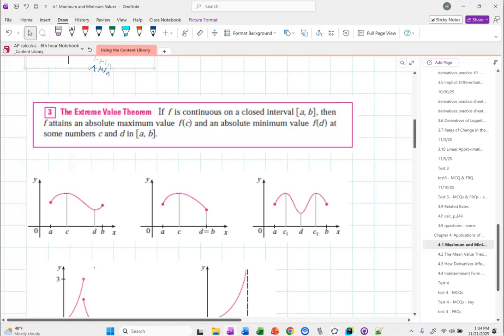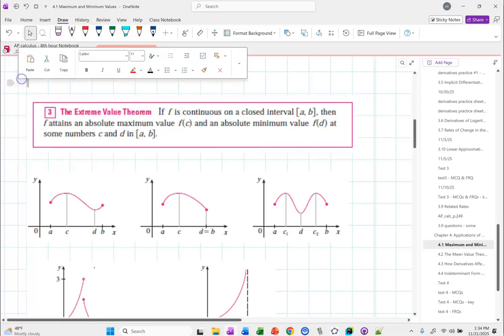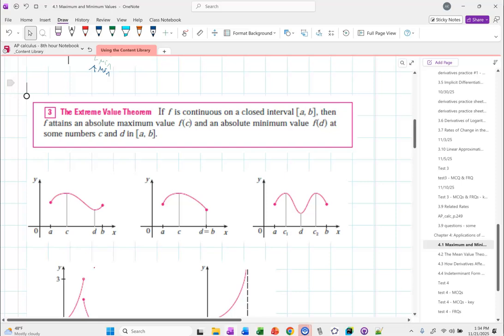Important theorem: the extreme value theorem. This is one, much like the intermediate value theorem, that you'll need to know by name. You'll have to have it memorized well enough that you can use it and quote it inside of your work. What the extreme value theorem says is if you have a continuous function on a closed interval, you need two things: continuous function on a closed interval.